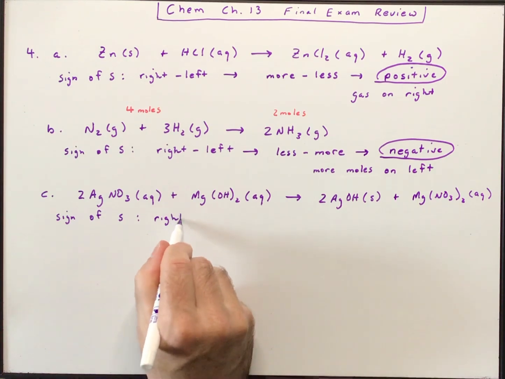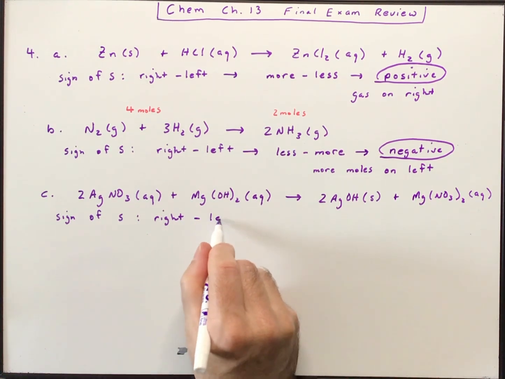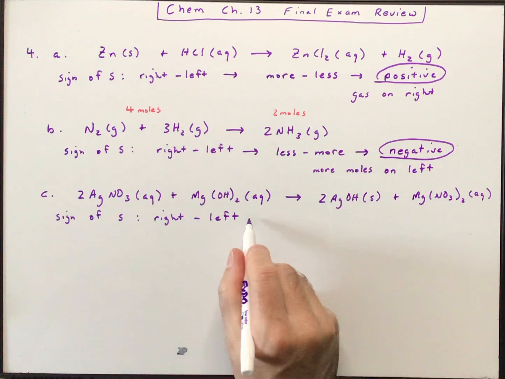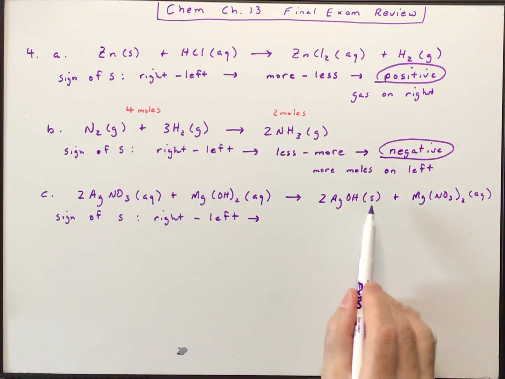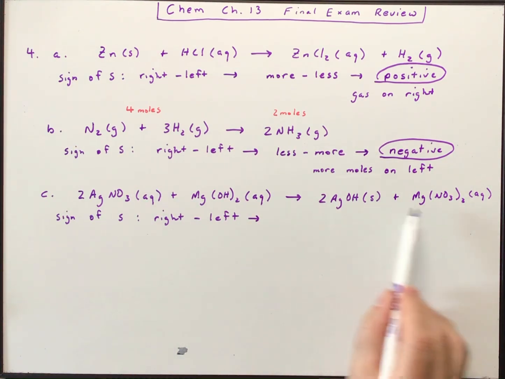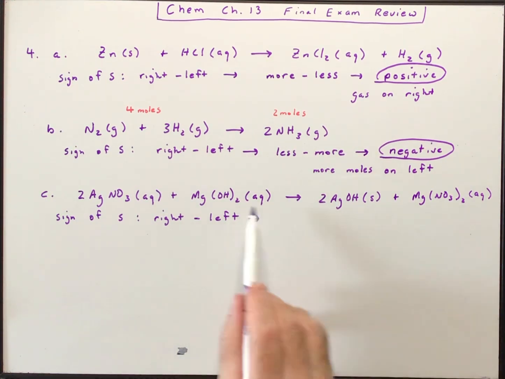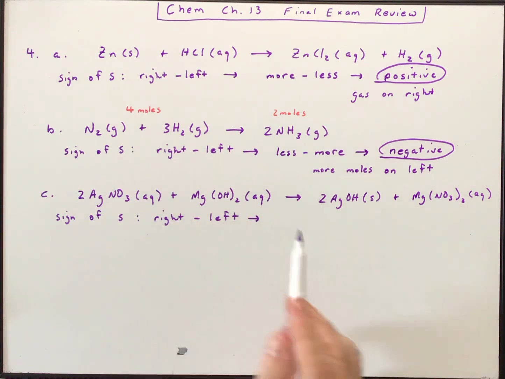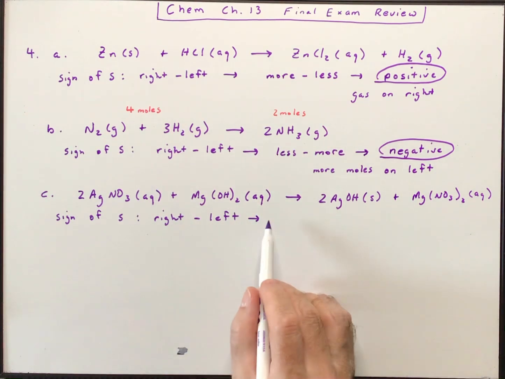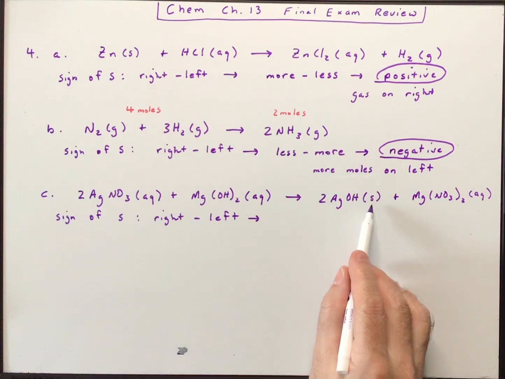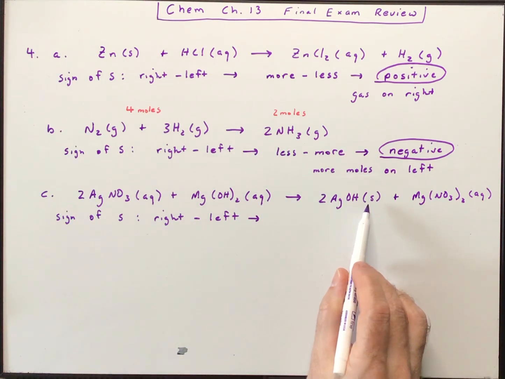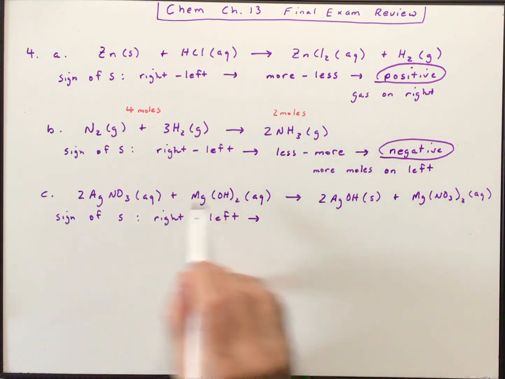Going to do right minus left. Okay, the right has a solid and an aqueous, and the left has 2 aqueous. Think of aqueous like a liquid. So what we have on the right, again, is products minus reactants.